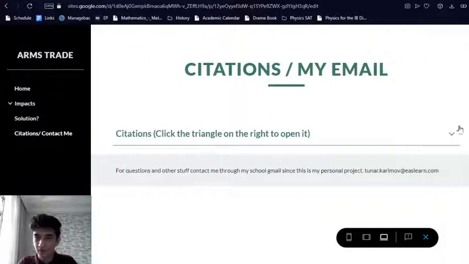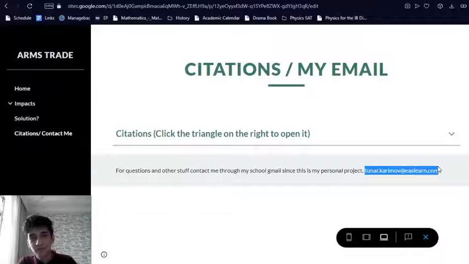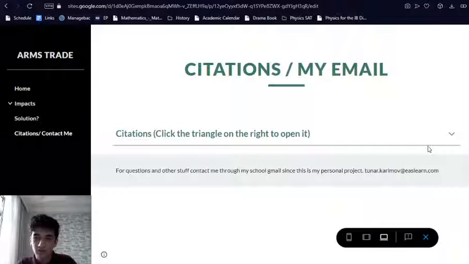And that also, as I've said, contact me page. It's this Gmail. I have provided my school Gmail because this is my school project. So if you want to discuss about it or really contact me, I'll gladly listen to your opinions.